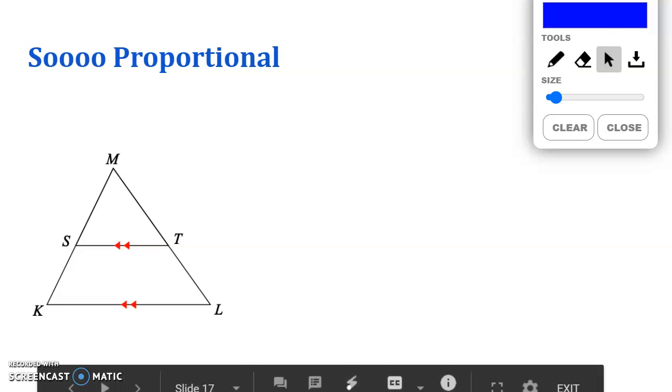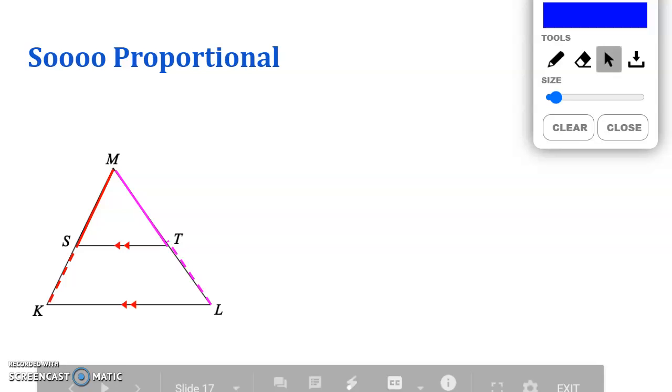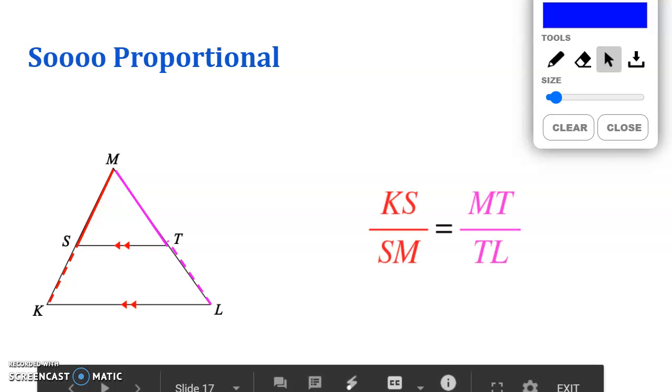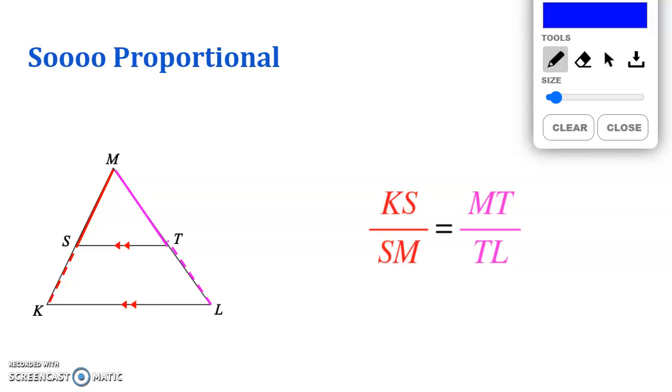It turns out if you have that side SK, the dotted red line, and MS, the length, if you put that as a ratio, so K, alright, so if I just write this down, this is really telling me that KS, where is KS?